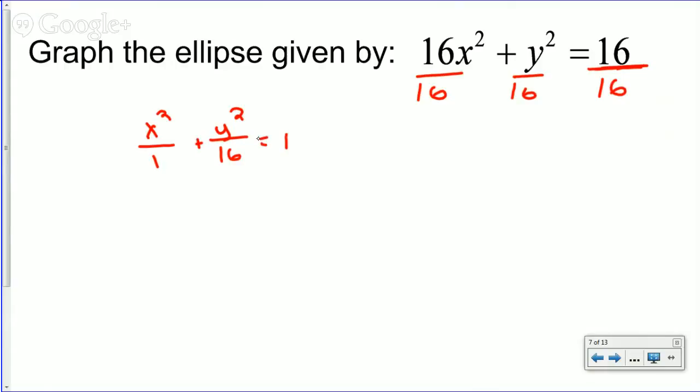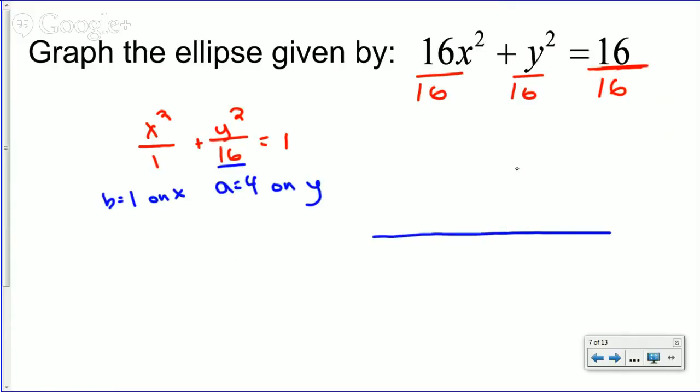All right, so this 16 is larger on the y, so then we can say that a is 4 on the y. We're just taking the square root of that. And b is 1 on x. So when I graph it out here, 0, 0 still.